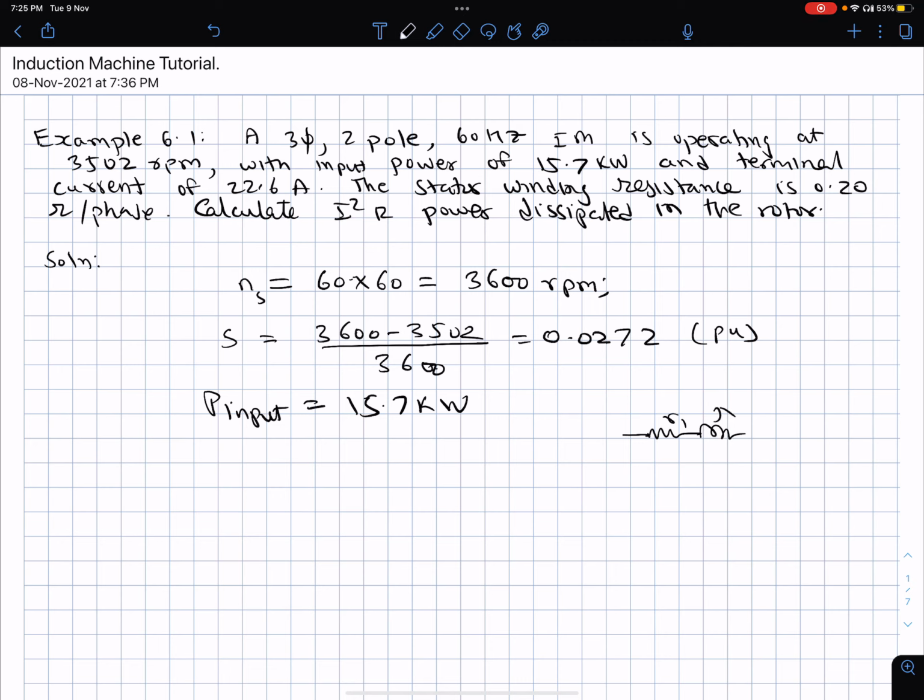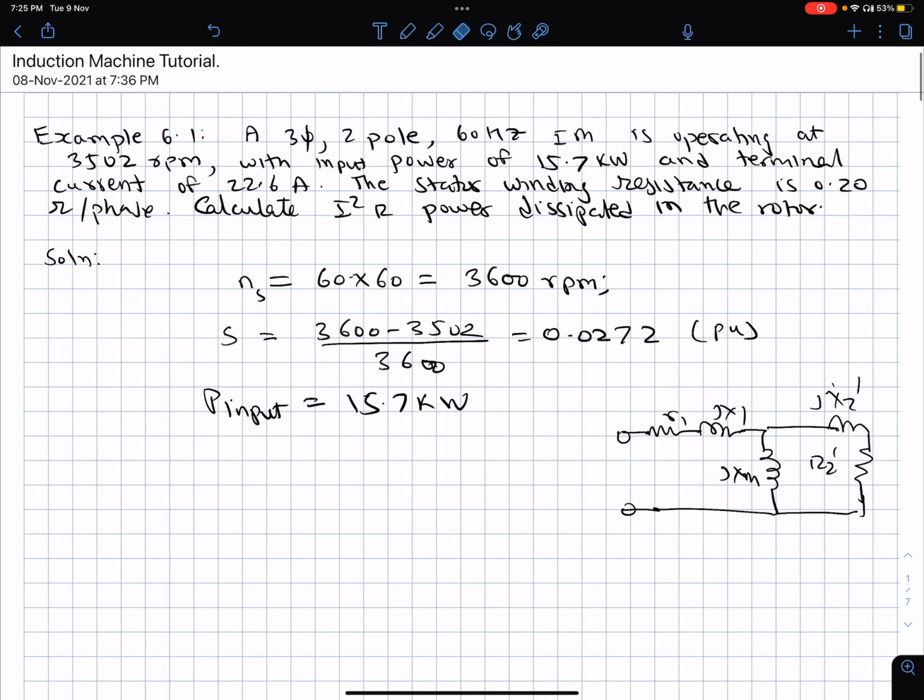If you look at it, we have seen this: jXm, jX2 dash, R2 dash by S, and this is the terminal, assuming that there is an ideal supply here. So this is the magnetizing impedance. Yeah, Xm is correct, and you could have an Rm sitting with it also here.